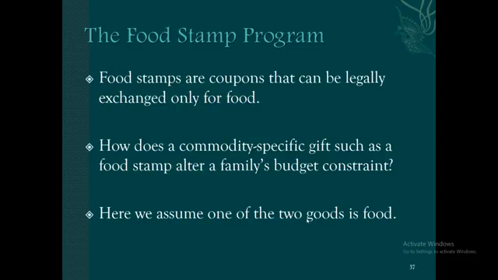So how does a commodity-specific gift such as food stamps alter a family's budget constraint? This is going to have an effect because now you have a stamp, which means you get an income. You are affording a commodity which you otherwise cannot afford without a food stamp. So in that sense, a food stamp gives you a higher entitlement.